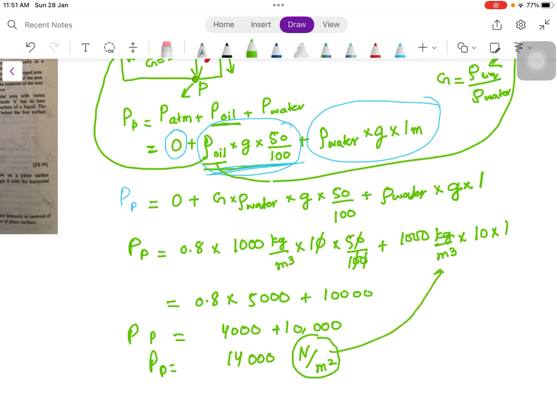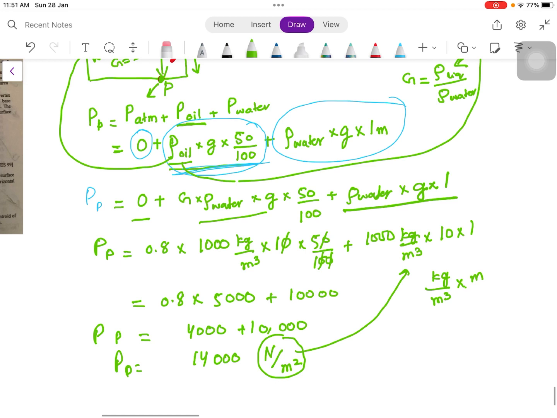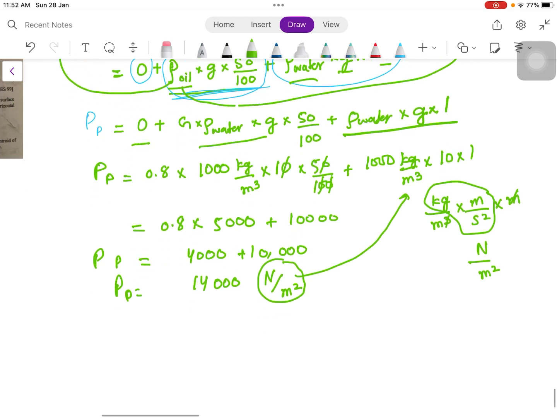How? Let us see. Let's take any component of this equation. Density, the unit of density is kilogram per meter cube. Acceleration due to gravity is meter per second square, and depth is in meters. This is the depth. All right, so kilogram meter per second square is Newton. All right, then meter upon meter cube is meter squared.